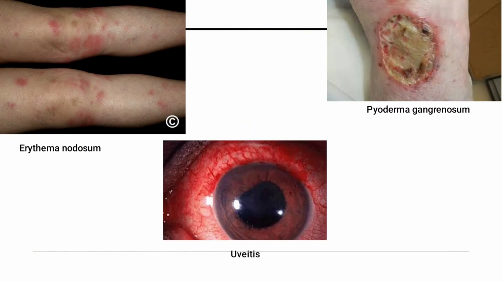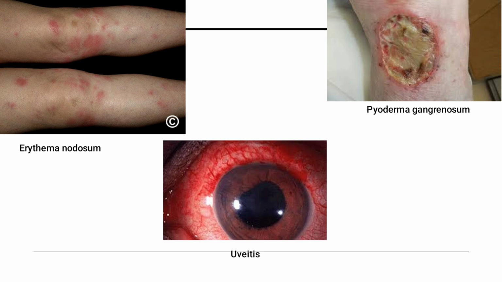Here you can see the skin manifestations and also the uveitis. Sometimes they will not bring a picture in the exams, and here I'm stressing that they will only give a description of the lesions, so be familiar with those.